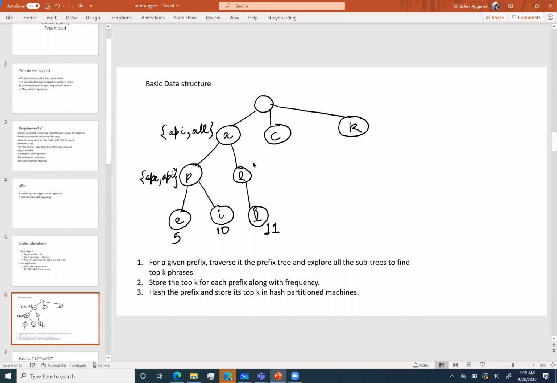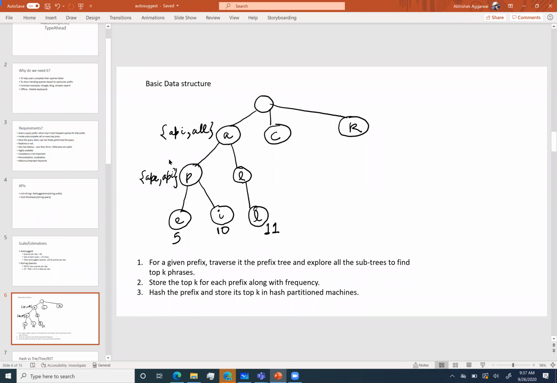I don't have to go through the entire subtree. I can pre-calculate this information and store it here. This is the basic data structure that could give your reads very low latency by pre-filling this information for each prefix.